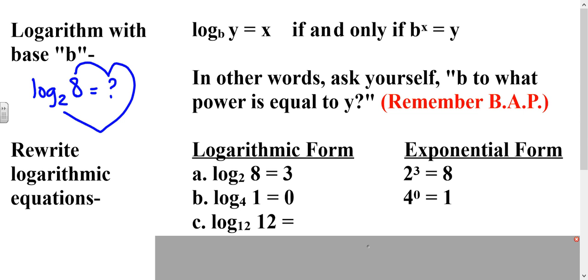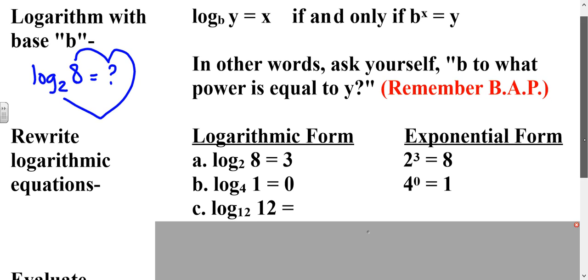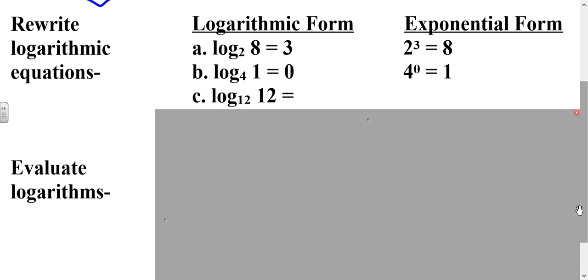So let's try one on our own. Feel free to pause the video and try this really quickly on your own if you'd like to. So if I do BAP, this is base, answer, power. So I'm saying 12 to what power equals 12? Well, that would be the first power. 12 to the first power equals 12.